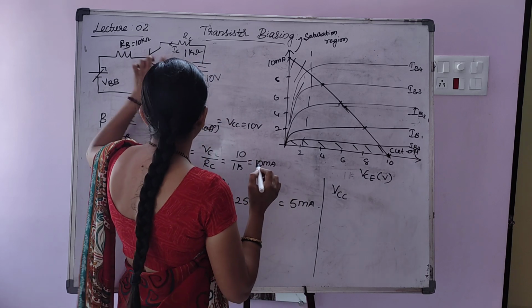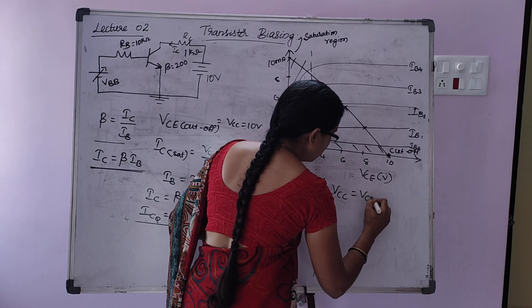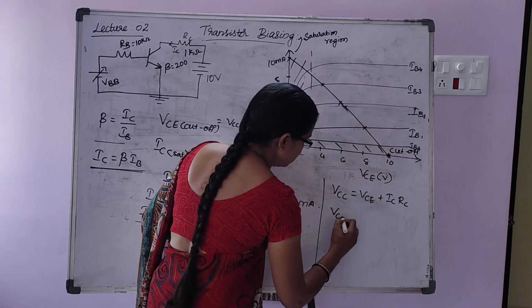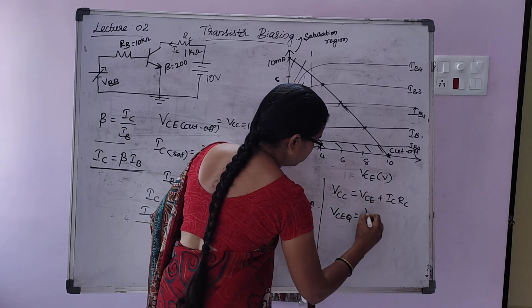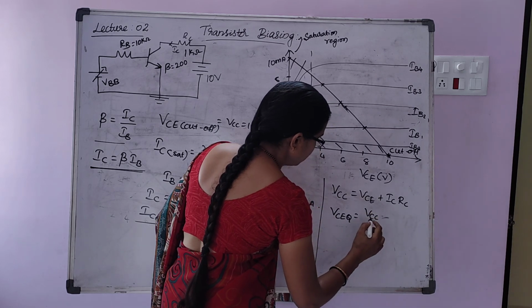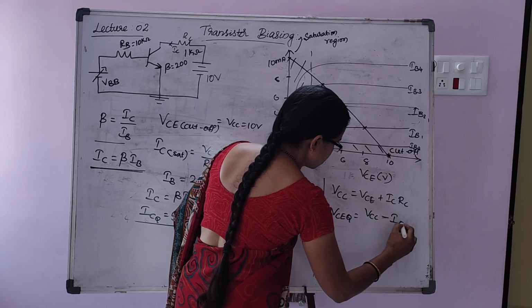we have an equation VCC is equal to VCE plus ICRC. VCEQ will be equal to VCC minus ICRC.